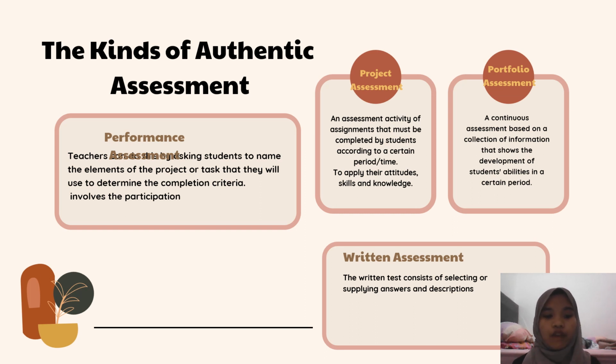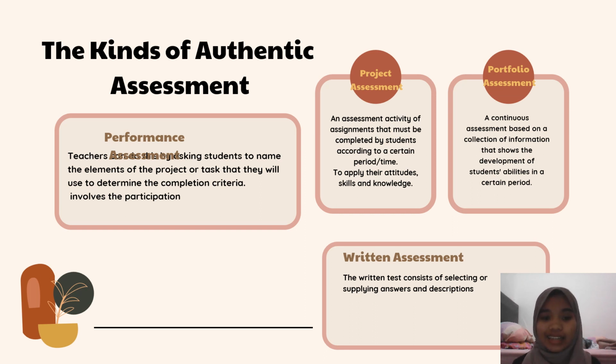The first is performance, where the teacher can ask students to name the elements of the project or text that will be used to determine the completion criteria, which involves participation.